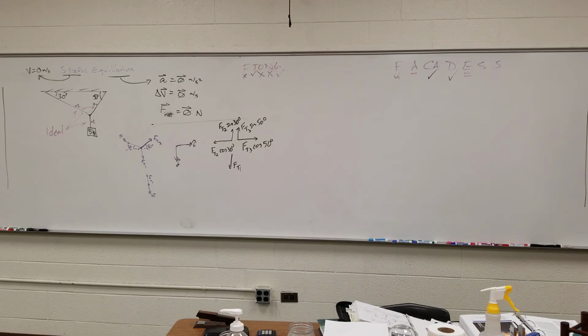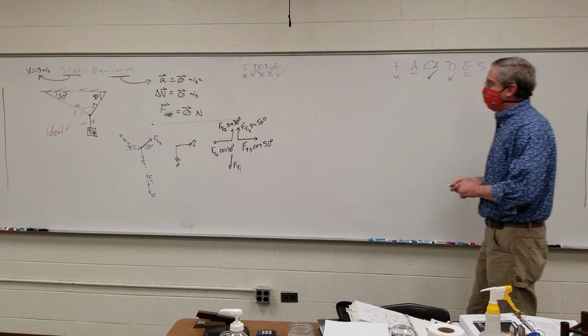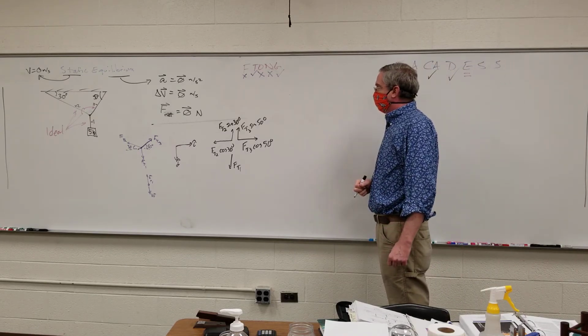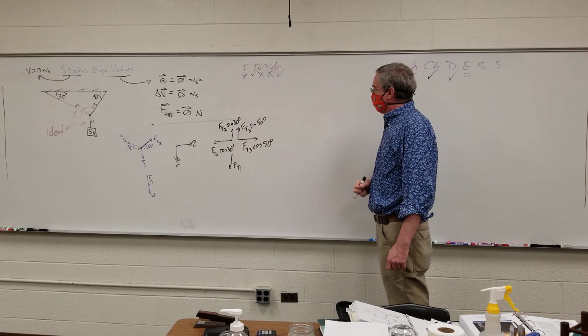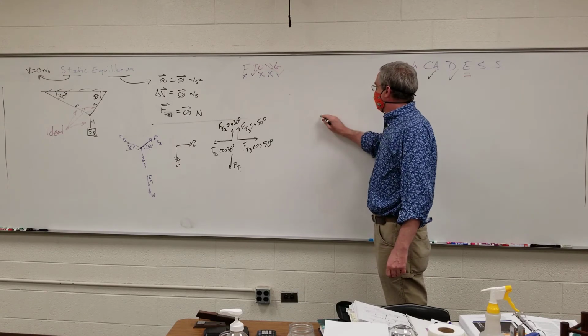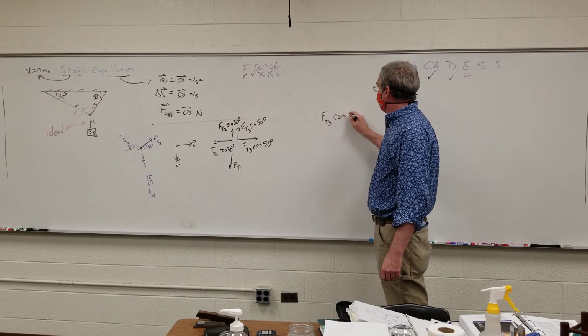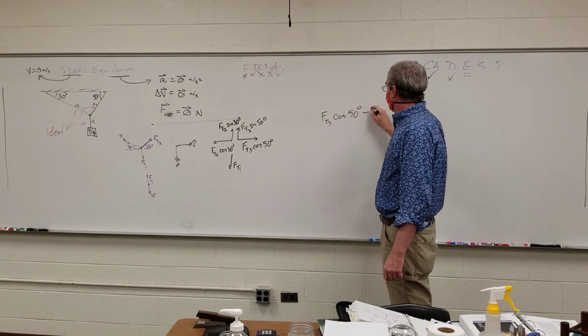Equations of motion. FT3 cosine of 50 minus FT2 cosine of 30 degrees? Oh, sorry, positive in the i hat direction. Yep, sorry, my mind was on a different arrow.